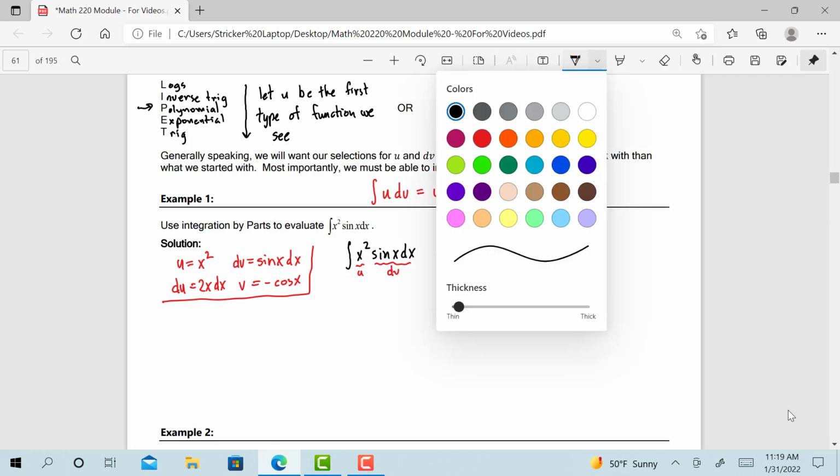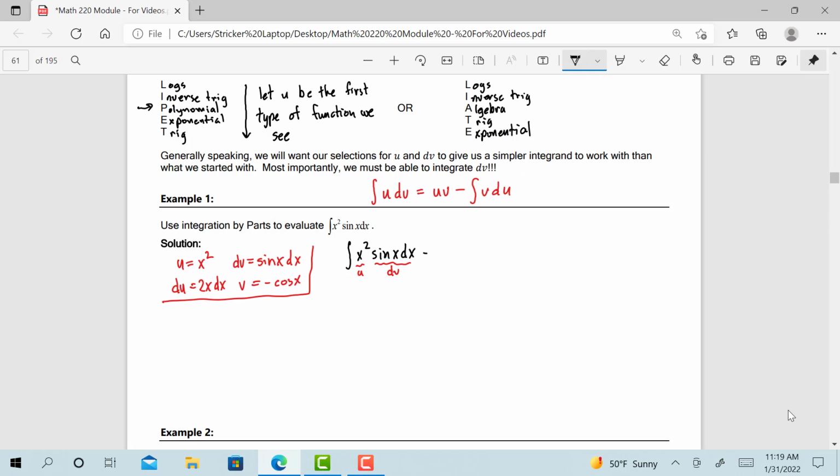And so we know by the integration by parts formula that this should be equal to u times v, which is x squared times v, which is negative cosine of x, that's u times v, minus the integral of v du. So v is, again, negative cosine x, and du is 2x dx.